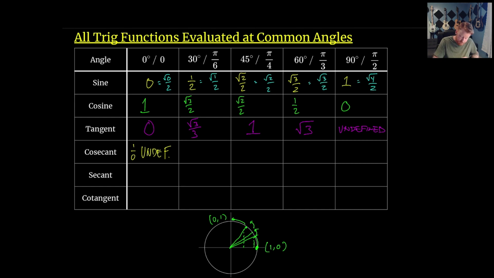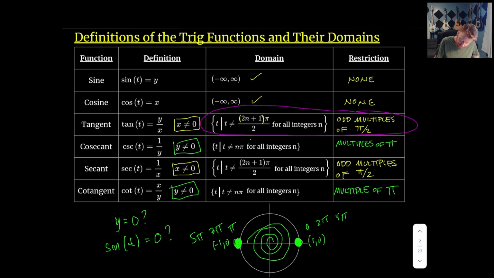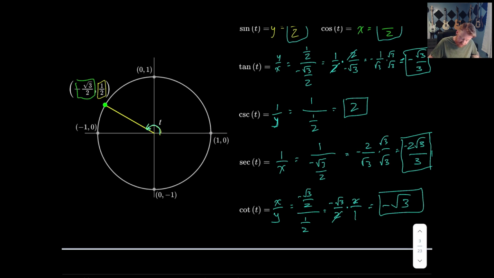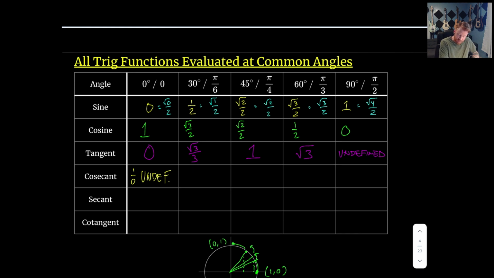So again, we can reference back to our list here, that we can't have multiples of pi for our cosecant. So 0 is a multiple of pi. It is 0 times pi. So that is why we do not have this being defined for the cosecant.